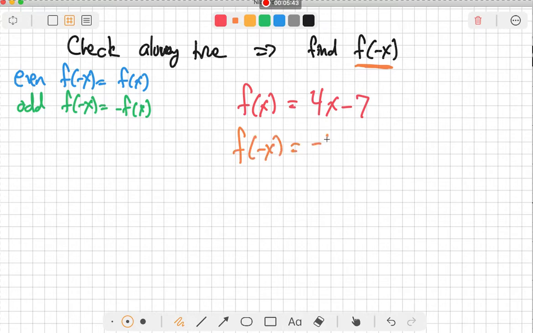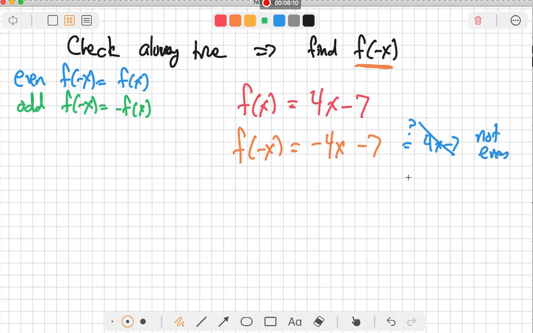F of negative x is negative 4x minus 7. And now I'm going to check. Does that equal 4x minus 7? Obviously not. Minus 7 is good, but 4x does not equal negative 4x. So this is not even.